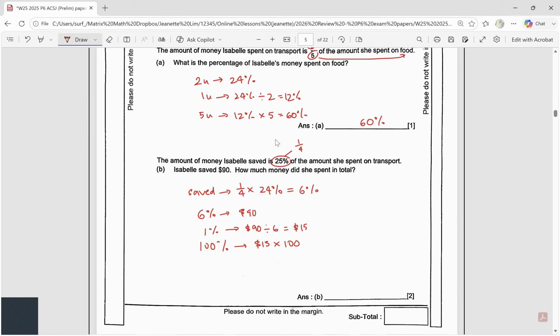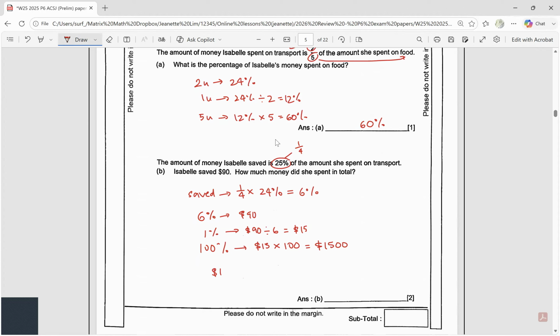Then 100% you times 100. So $1,500. The amount spent is 1,500 minus the savings, which is 90. You get 1,410. Okay, so that's the amount that she spent.